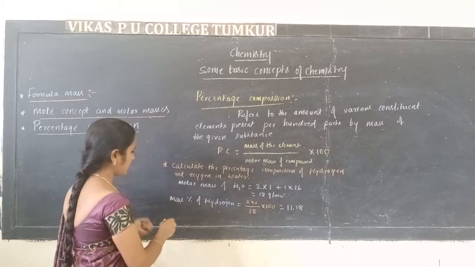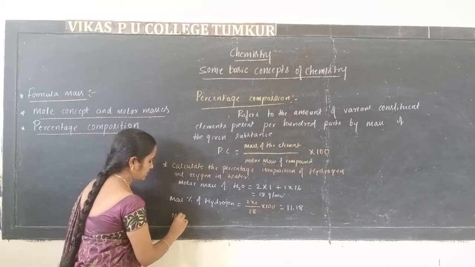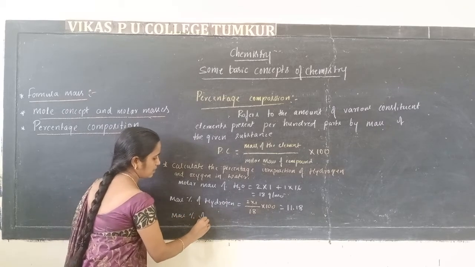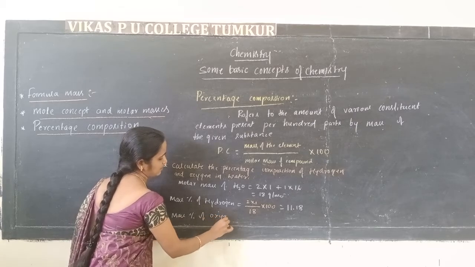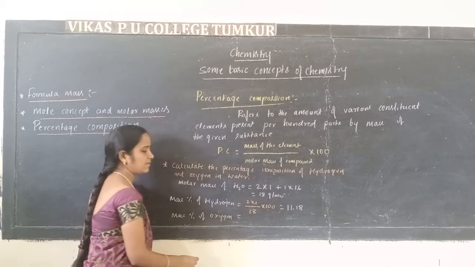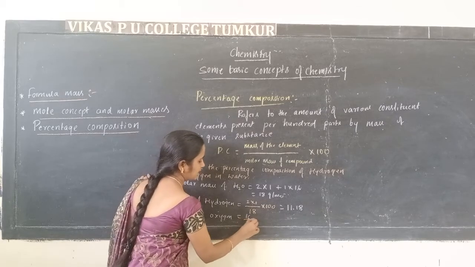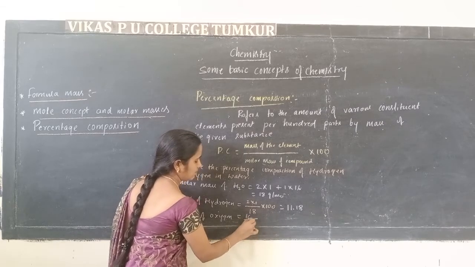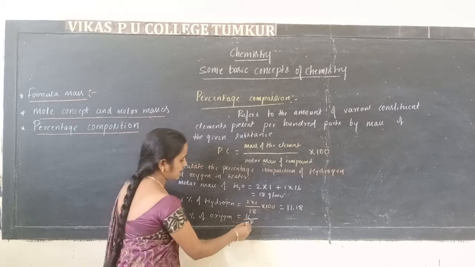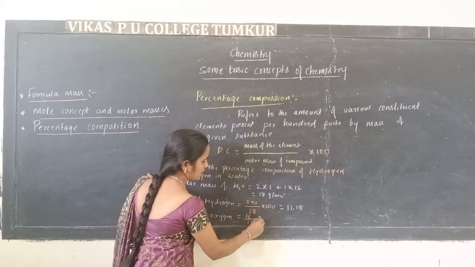Like that, we will calculate the mass percent of oxygen. The mass of oxygen is 16, and only 1 is there. Then the molar mass of water is 18, into 100.